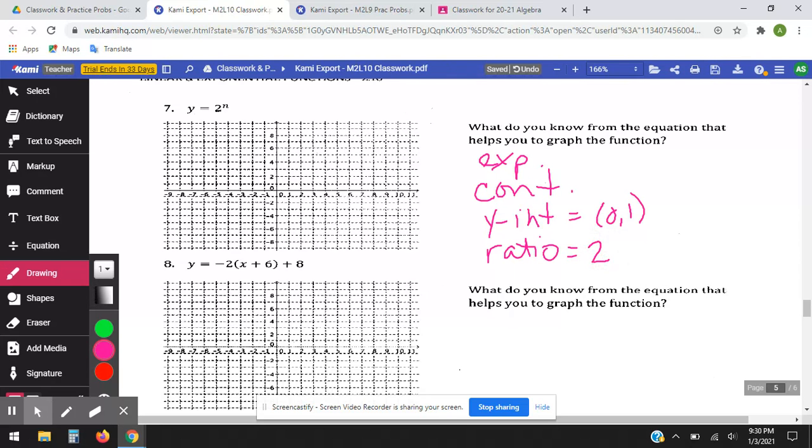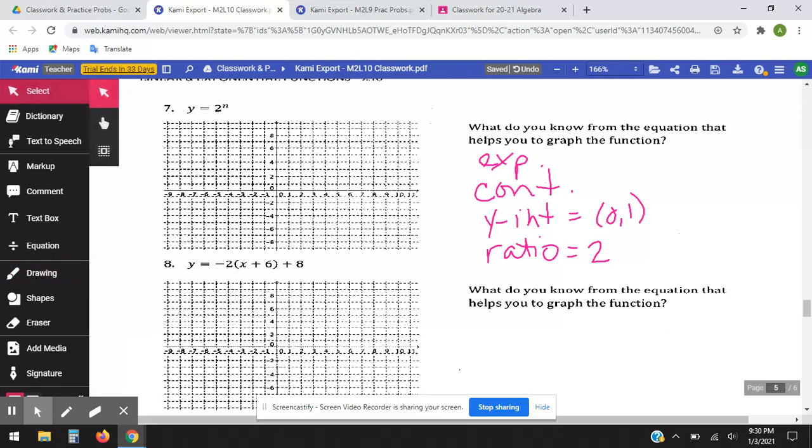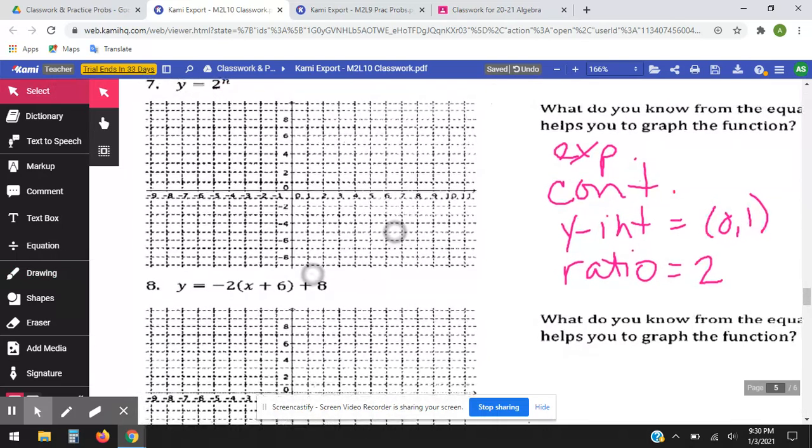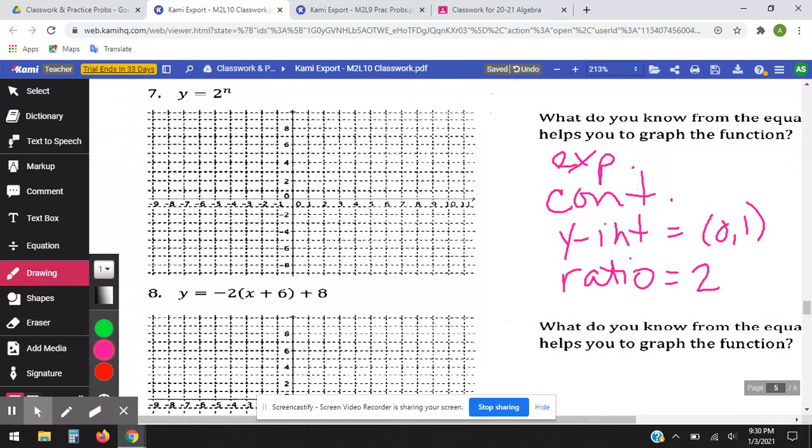So if I start with, zoom in quick, (0, 1), and I'm going to go ahead and plug a 2 in for that, so 2 to the first, 2 to the first is 2, 2 to the second is 4, 2 to the third is 8, and then I'm going to be off my list.